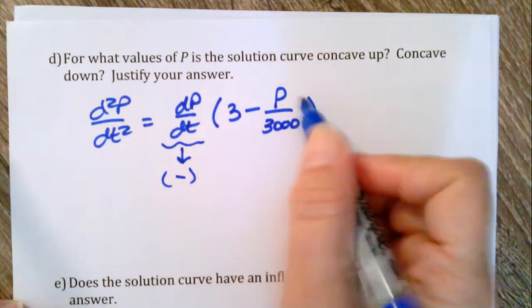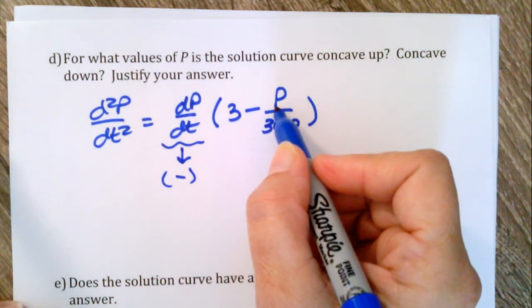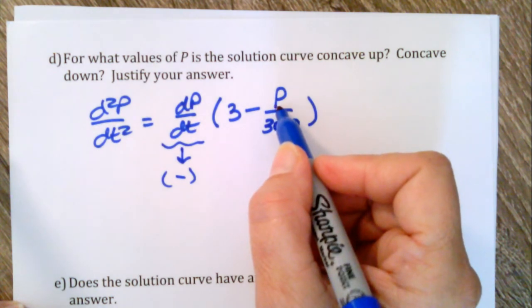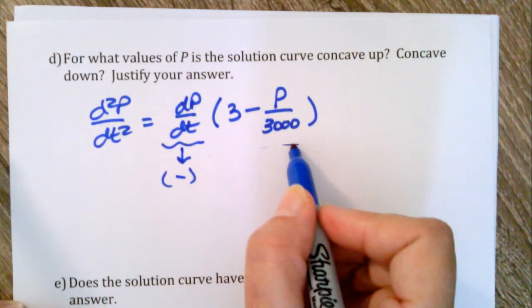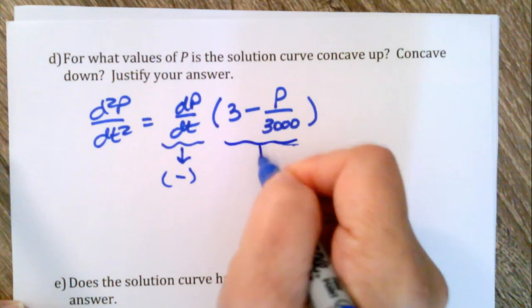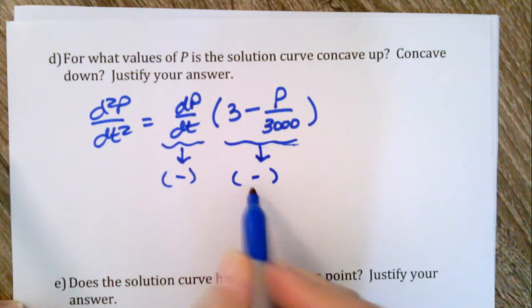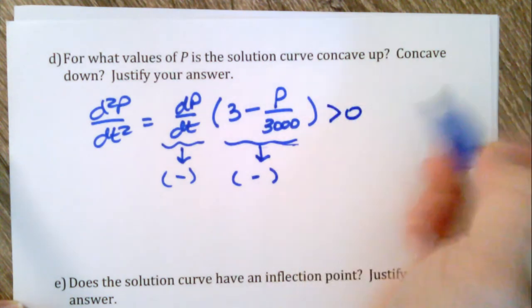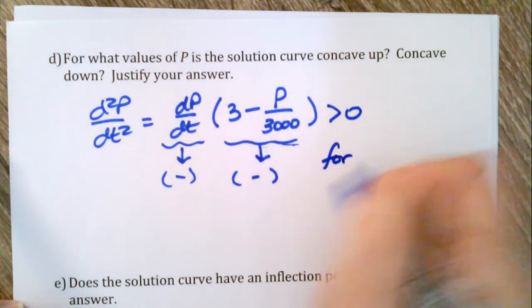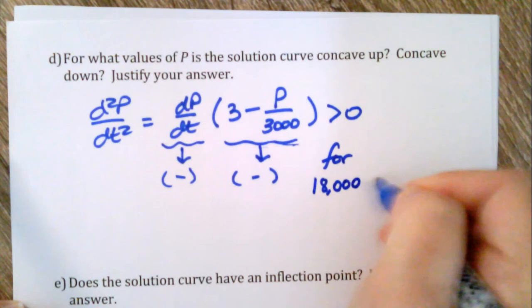And remember that our range is starting at 18,000 and going to 20,000. So this factor, for those values of P, is also negative. A negative times a negative would be positive. So this is greater than 0 for the range that we're talking about.